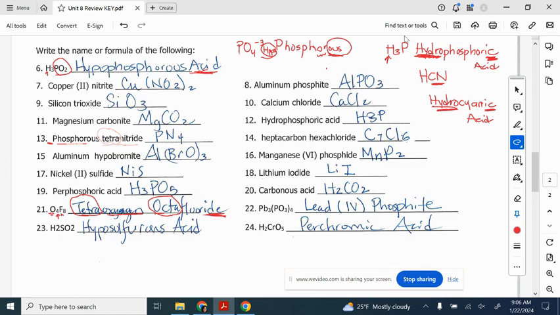All right. Then our third and final type of naming was dealing with a metal and a nonmetal. Okay. So here we had magnesium carbonate. Remember, if it ends in "ite" or "ate," it's going to be one of these polyatomic ions, and it's going to have oxygen in it. "Ite" or "ate" always has oxygen. So magnesium, we're going to write that out.